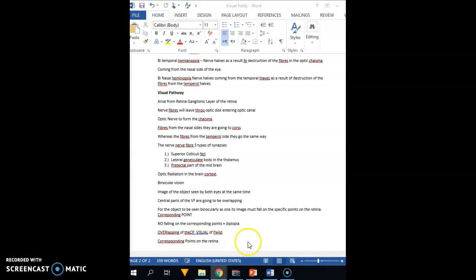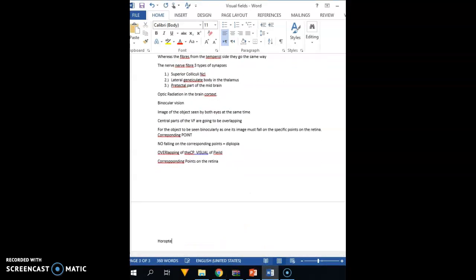And I want to talk a bit more about the horopter. The horopter is a line or a surface such that all the points of space whose images fall on corresponding points of the retina of the two eyes.